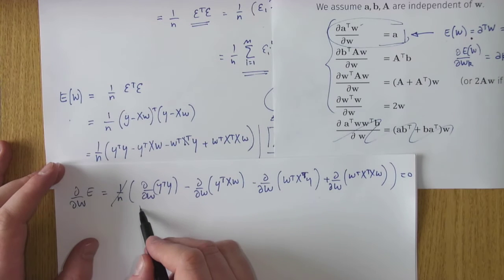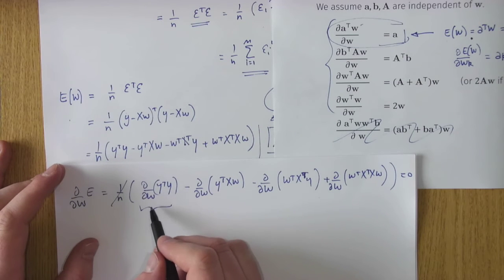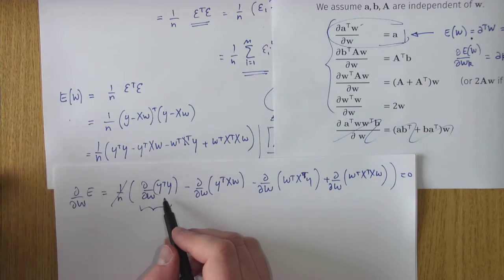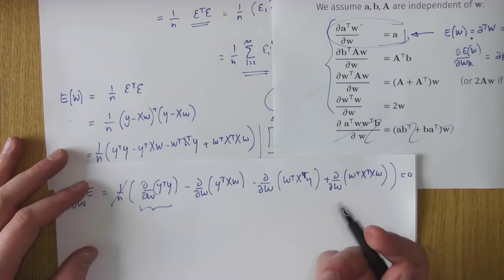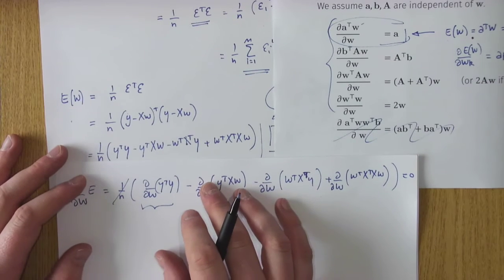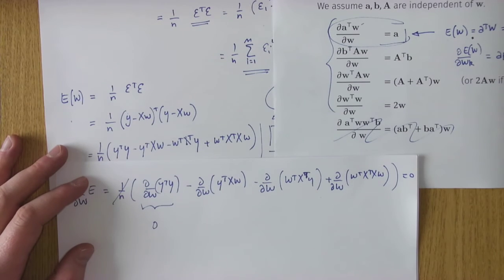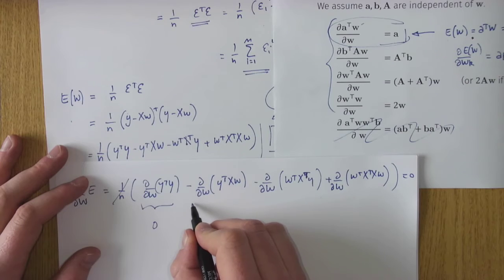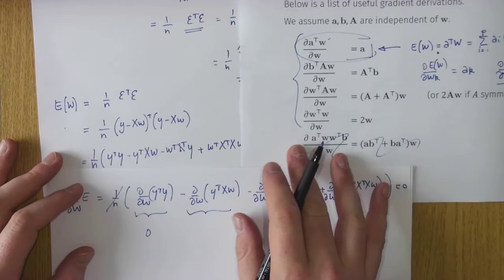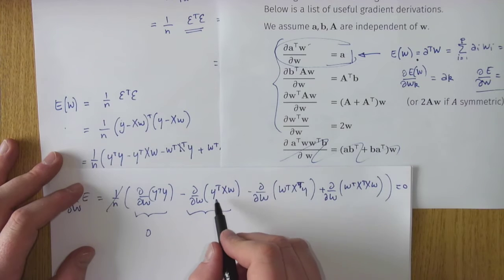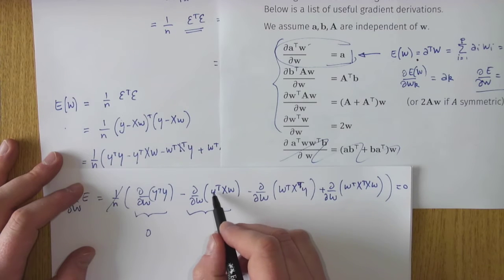So the first term, y, doesn't depend on W. I mean, y is not an input, it's the outcome, and it's fixed. That's whatever the real outcome was. So that's 0. And then there's this term here. If you look back here, y transpose X is actually a vector.